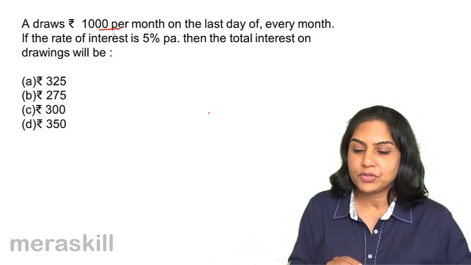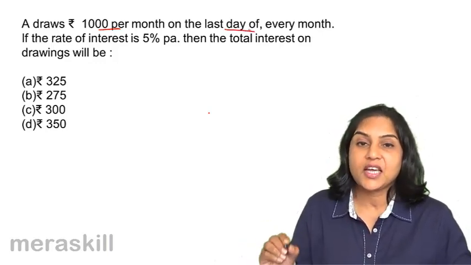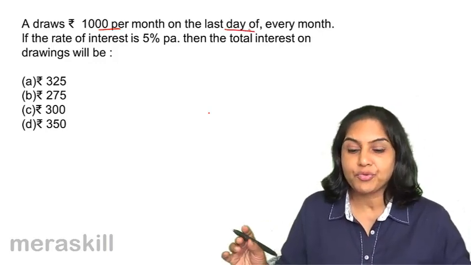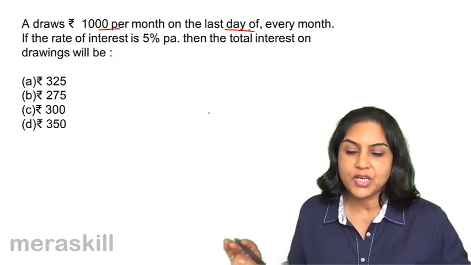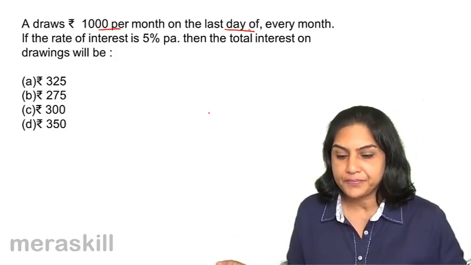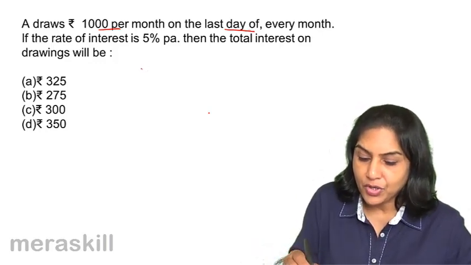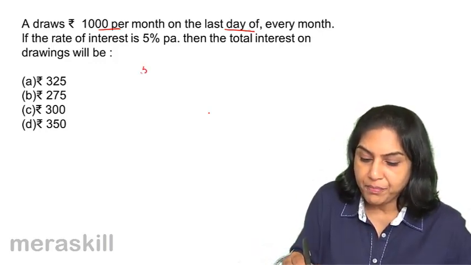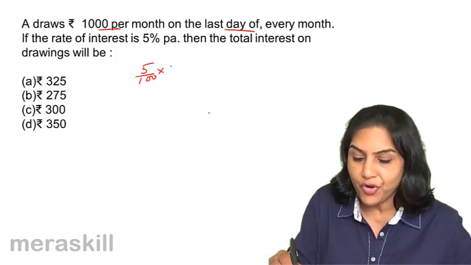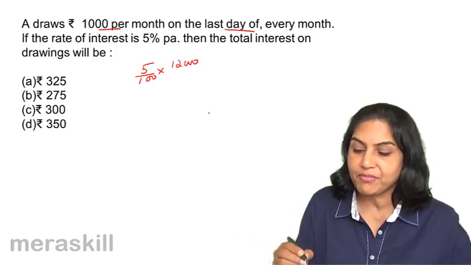Fixed amount on the last day of each month. We don't have to compute for 12 months. That is a shortcut formula. What should it be? It should be amount of 5% is the rate of interest on the total amount of drawings during the year, that is 12 months.